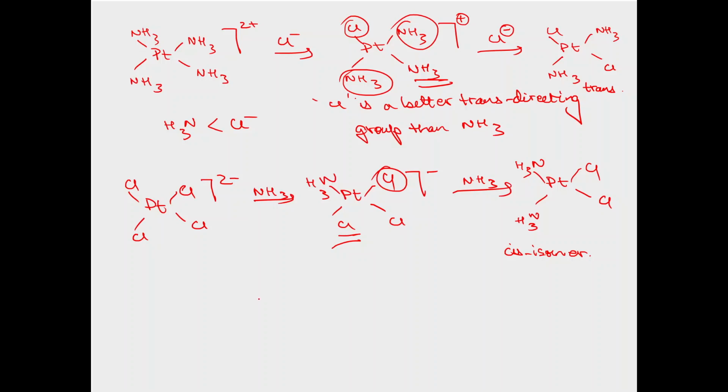So I think that the bond of the metal with NH3 should be stronger, and it should help in replacing the ligand which is trans to it. But that is not what happens if we compare NH3 and Cl.